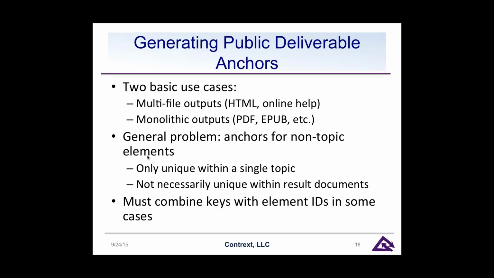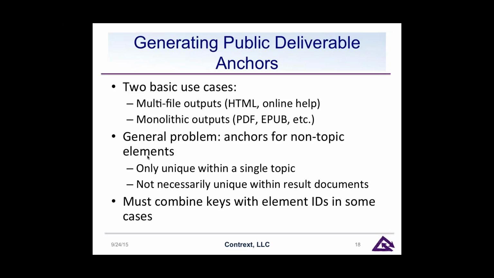Likewise, if I'm using chunking to combine multiple topics into a single HTML output file, which is pretty typical, right? Oftentimes you'll say, for each chapter, I want to have a single HTML file, even though the chapter is authored as multiple topics that are put together in a map.